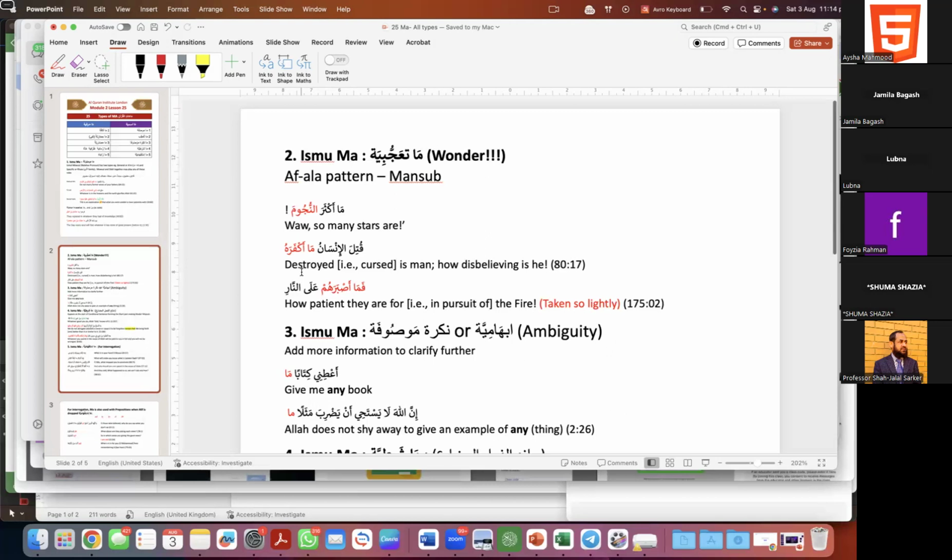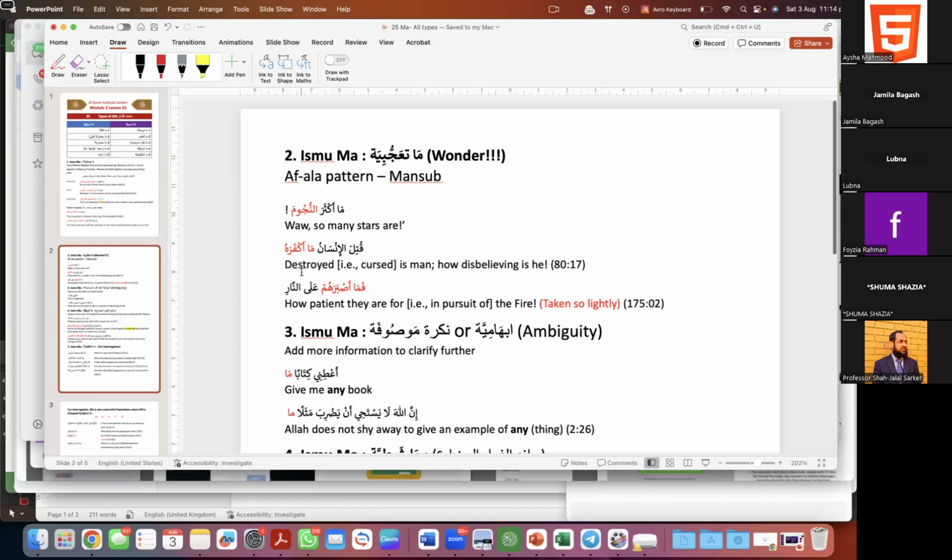Look at the last one. Ma absarahum ala nar. See the degree of surprise it is expressing. Ala nar, towards the fire. Fire is waiting for them. And look at it, how patient they are. How patient means they have taken it so lightly.